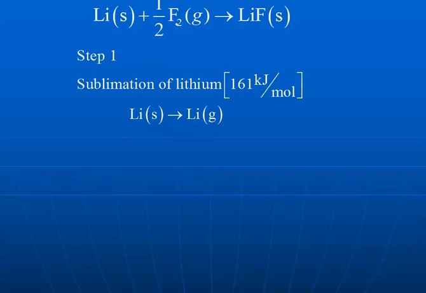What we have to keep in mind, and you had a couple problems in the back of your chapter dealing with this, is that in order to incorporate lattice energy into this problem, both of these species have to be in the ion form and the gaseous state. You'll notice neither of these is in the ion form and only one is in the gaseous state. So our goal is to convert these species into that form.